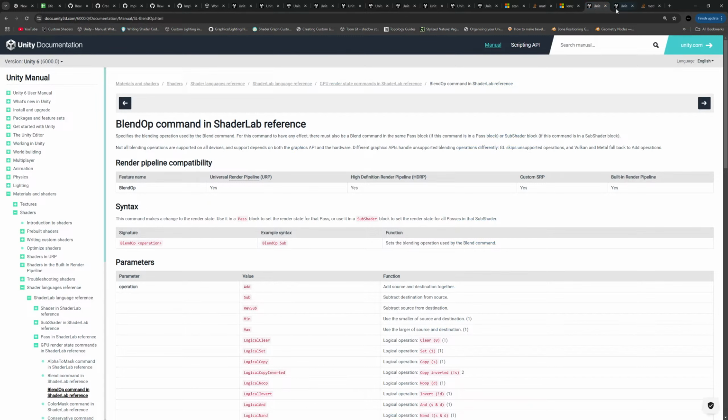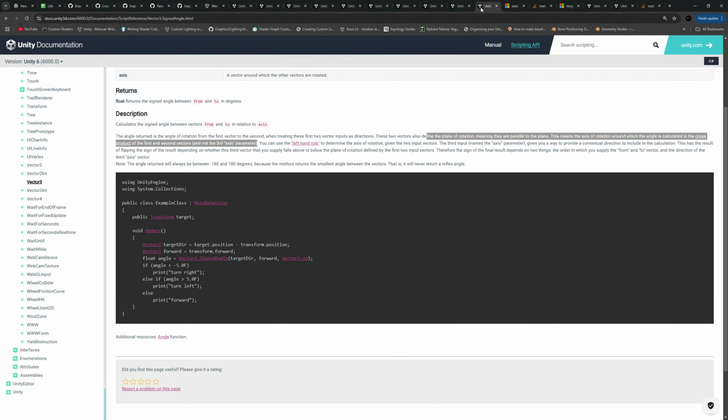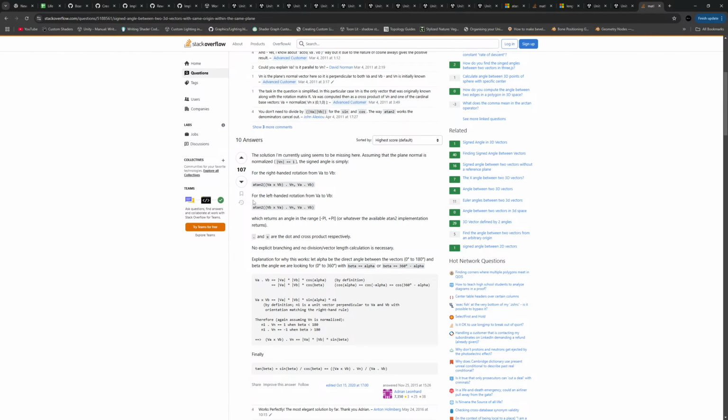Right-handed, let's take a look at left-hand rule. From VA to VB, so a ton.